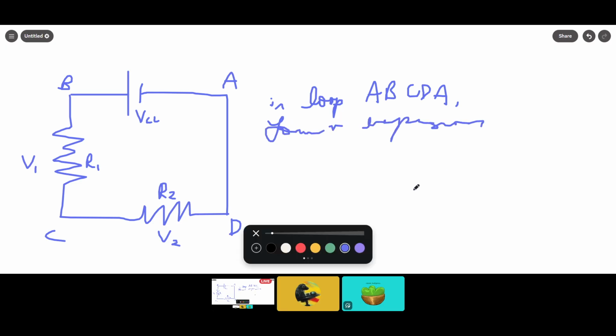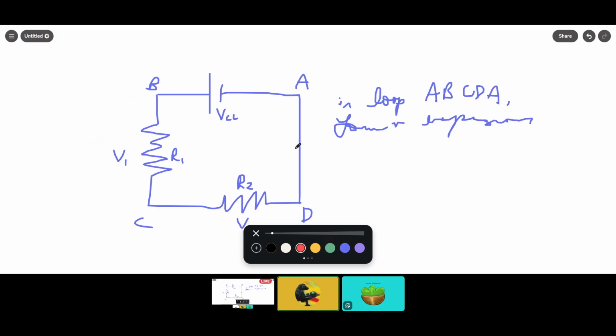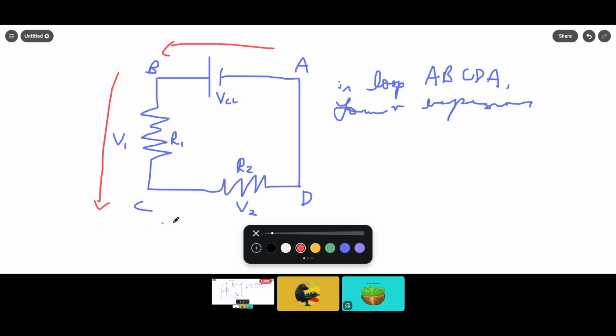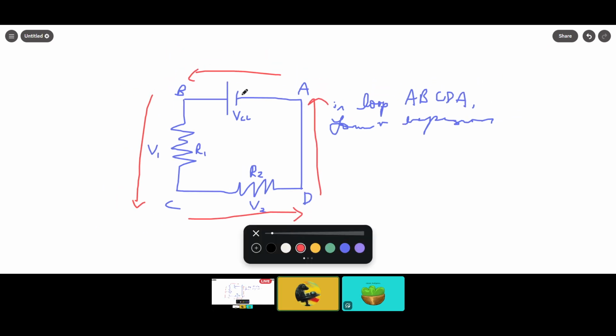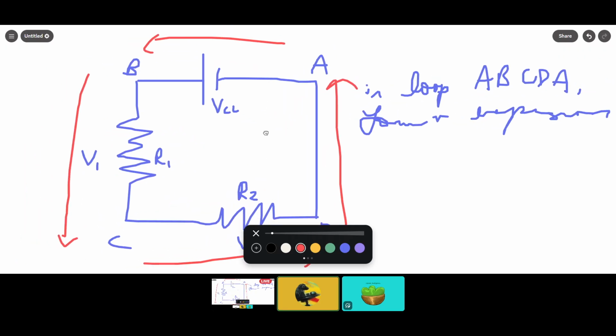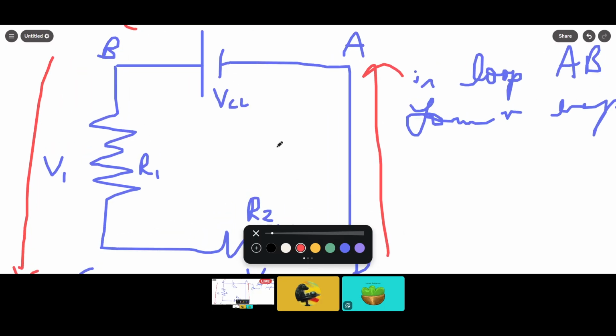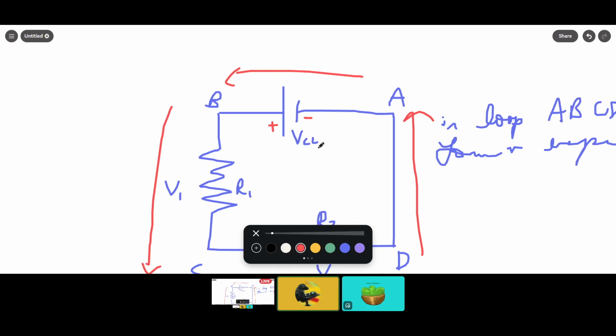First step, you look at the question, and you see from A to B, from B to C, from C to D, and then from D to A. So you're going in this anti-clockwise direction. Then the next step is you look at the batteries. You see this battery, the charge here is positive, this is negative, as I already explained at the start of the video.